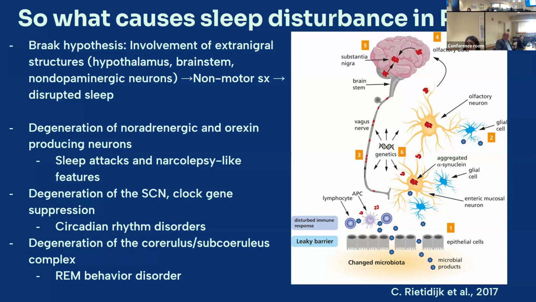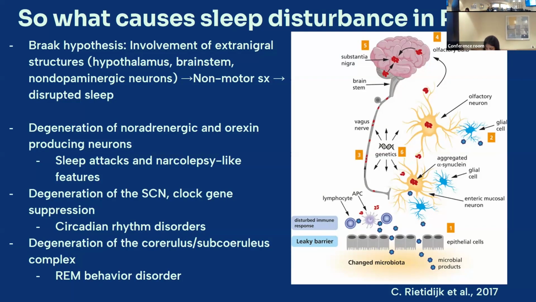So some other things that contribute to sleep disturbance in Parkinson's, degeneration of the noradrenergic and orexin producing neurons. So this contributes to things like excessive daytime sleepiness, sleep attacks, and those narcolepsy-like features that these patients will have. There's this thought of the degeneration of the SCN and the clock gene suppression, leading to circadian rhythm disorders.